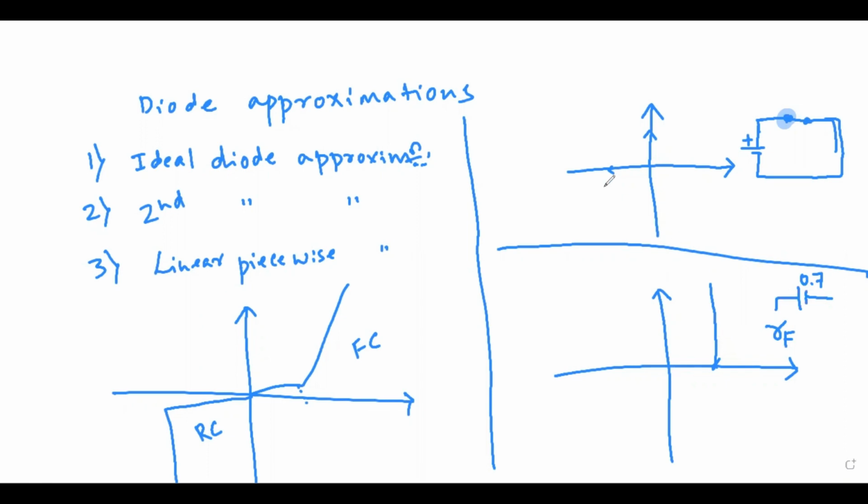The third one is the linear piecewise approximation. In the linear piecewise approximation, we have to consider the depletion region, that is the barrier potential, as well as RF.